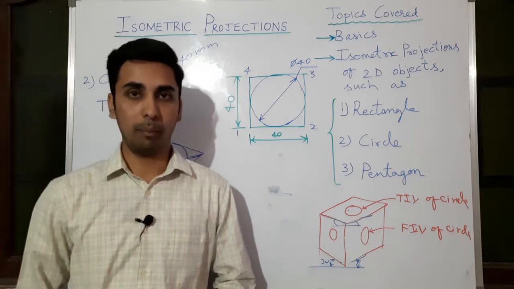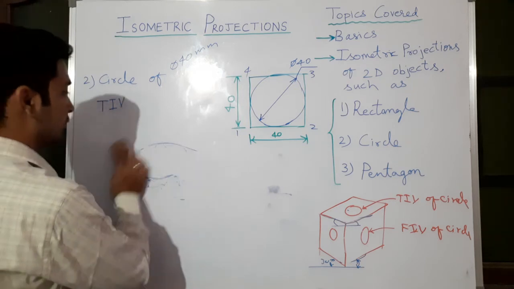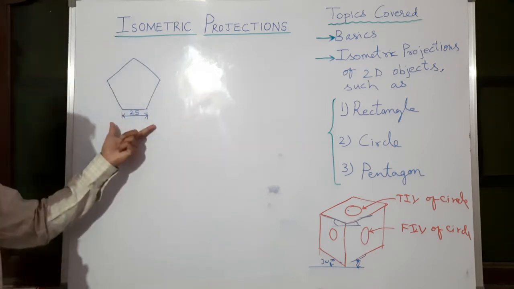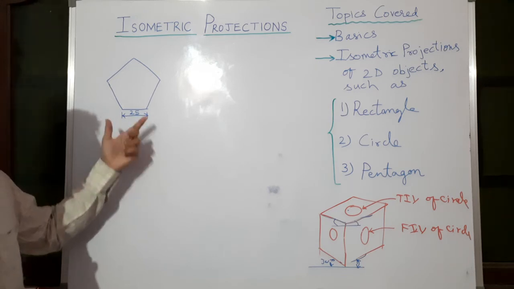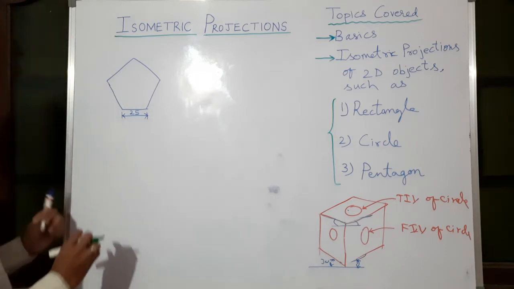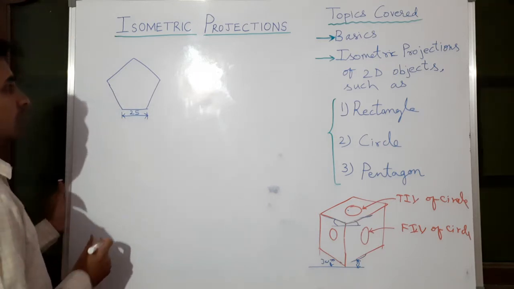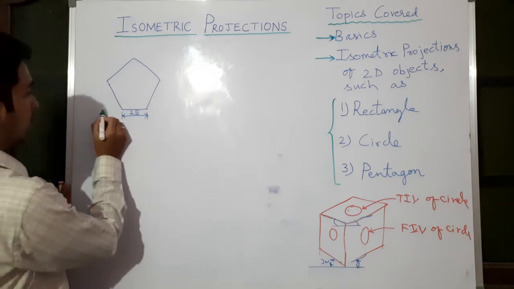Now we will see the pentagon. Here I have a pentagon of side 25 millimeter. So now this pentagon we will try to draw in front isometric view and top isometric views. How it looks and what is the procedure, we will see one by one. So this pentagon, first we need to enclose it in a box.